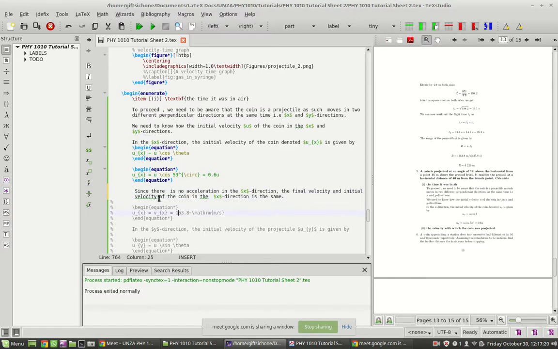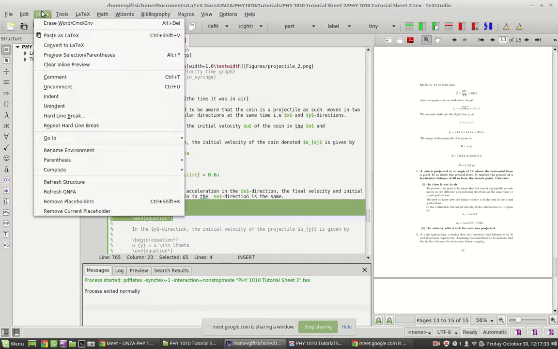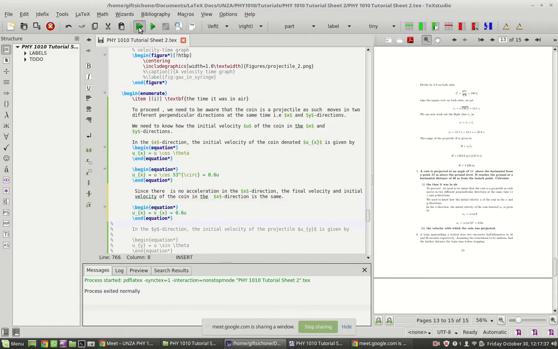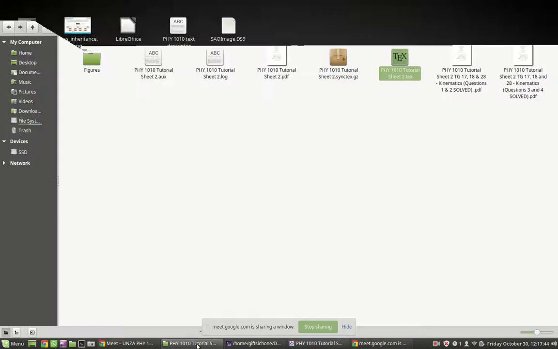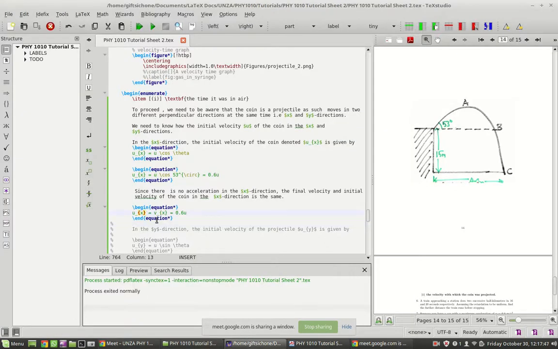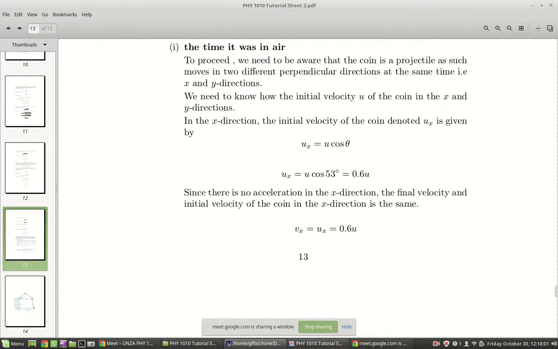So ux is equal to vx, which is equal to 0.6u.